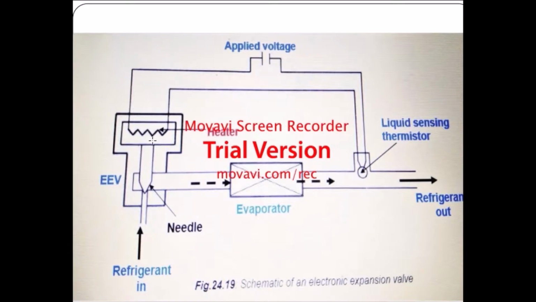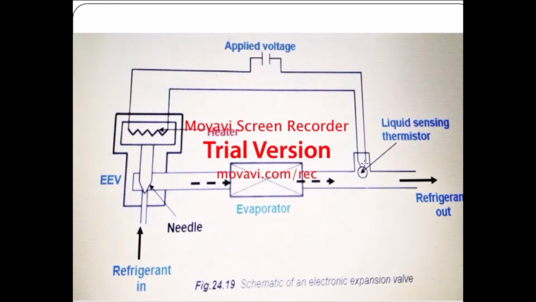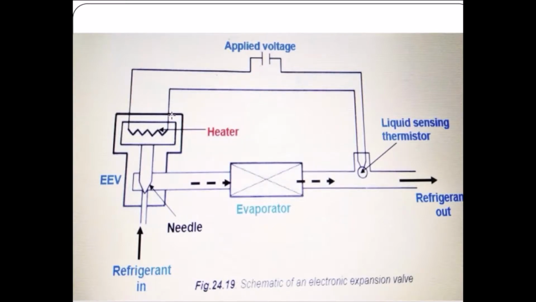To go higher is to push the needle to increase the supply of refrigerant. If the supply is lower because the liquid sensor thermistor reads lower, the heater's resistance is higher.